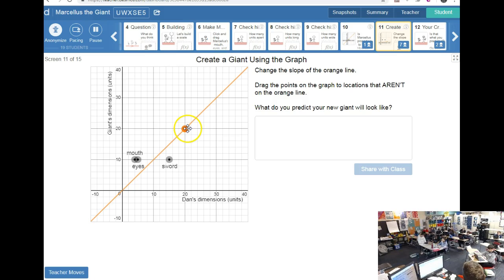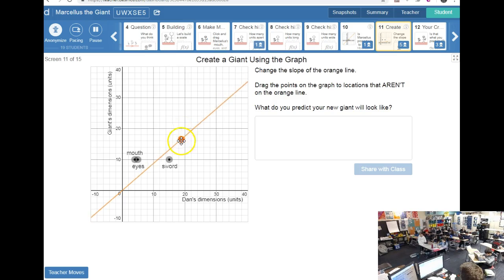Braylon? Ignore the black points right now. If we just compare how a Dan dimension compares to our giant dimension, if they're the same, what would that mean? Yeah, they'd be the same size, right? So the giant, quote unquote, would be the same as Dan.